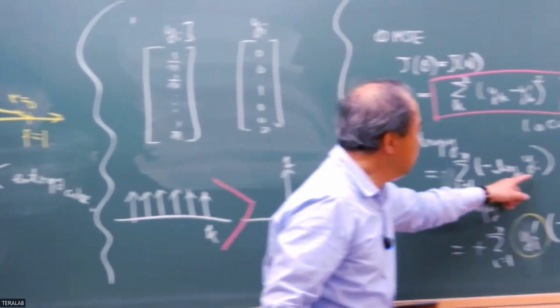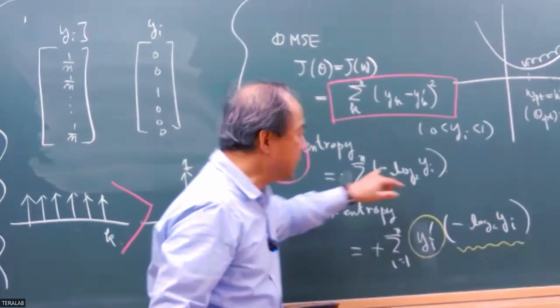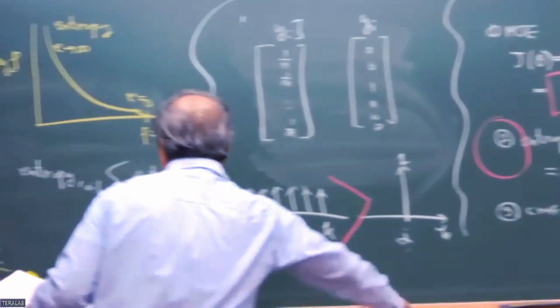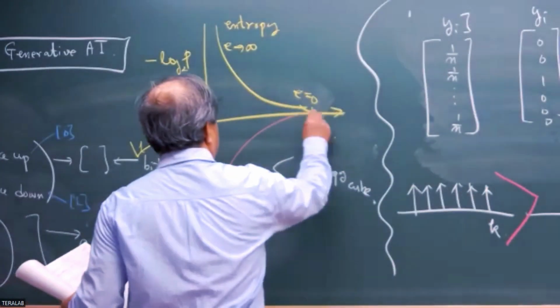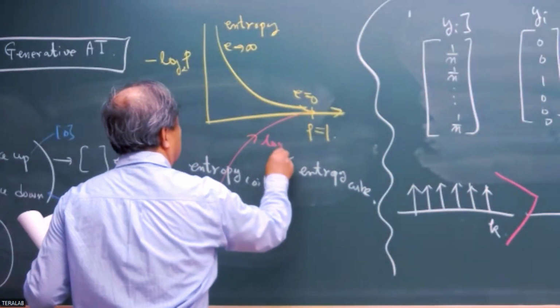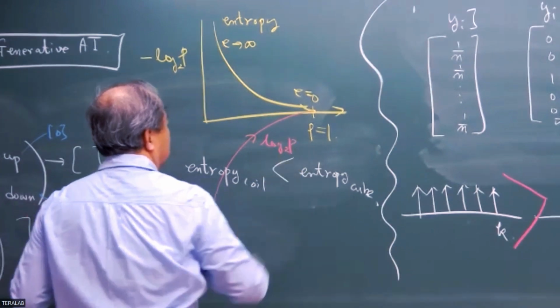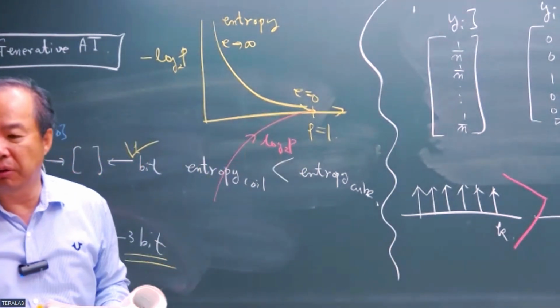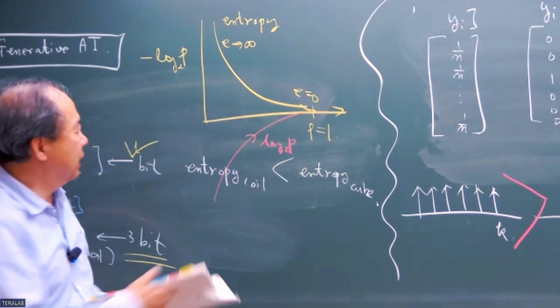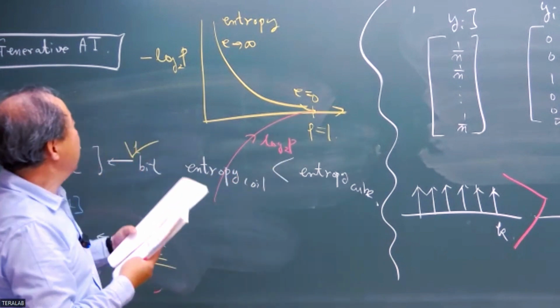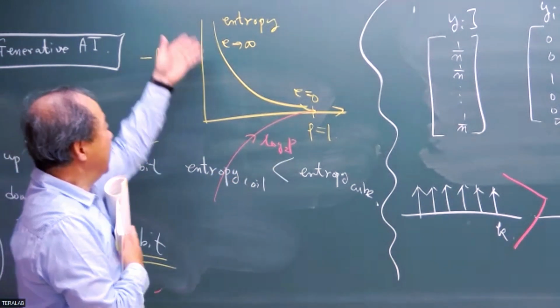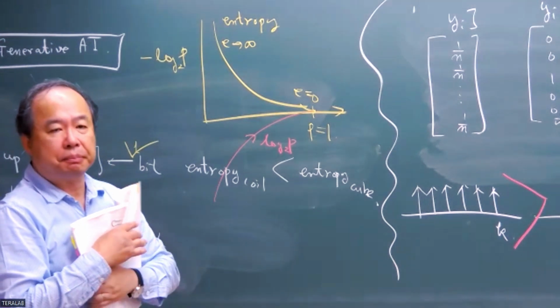By describing the output distribution of generative AI with the log 2 yi function and a minus sign, you understand this is a log 2 p function. In high school or engineering mathematics, you know that this is a log function. By having the minus sign here, it is a decaying function.